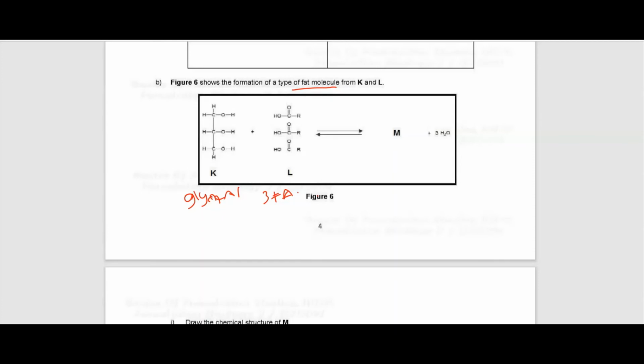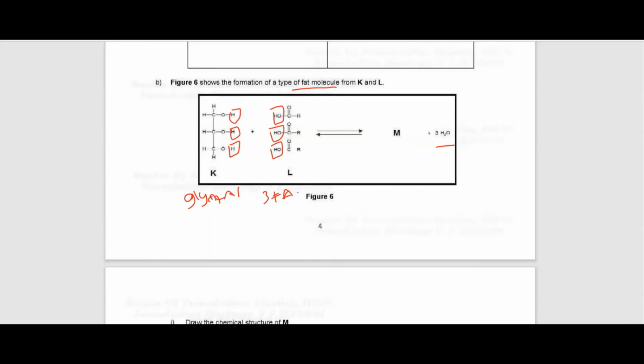So esterification or dehydration. Why is the reaction called a dehydration reaction or condensation? It is because the reaction removes water molecules. Okay, 3 molecules of water. So for the fatty acid, it removes the OH here, and as for the glycerol, it removes the hydrogen from the hydroxyl group.